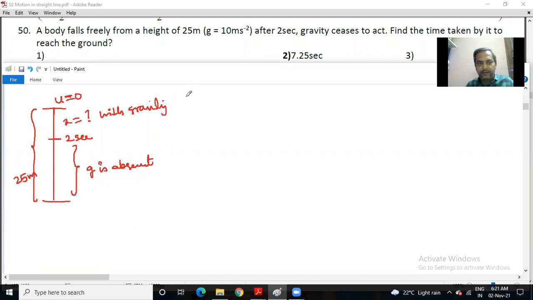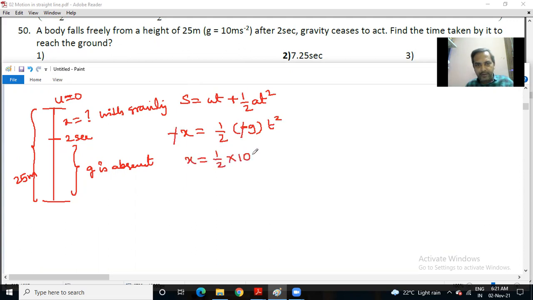For the case of a freely falling body, once again you take ut plus half at square. So this will be h, this will be x. Freely falling means u is 0, and half g is permanently negative, t square, so minus minus cancelled. So x is equal to half into 10 into 2 squared, which is 4.